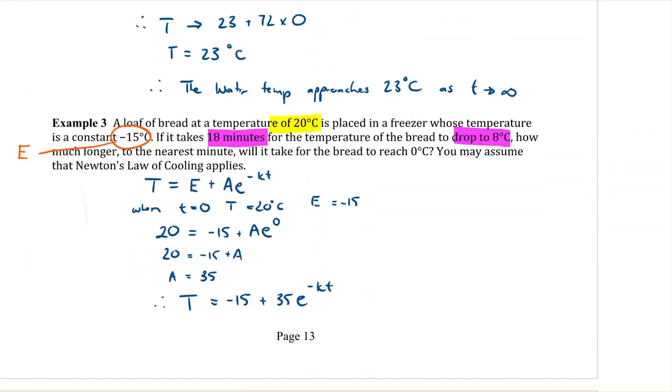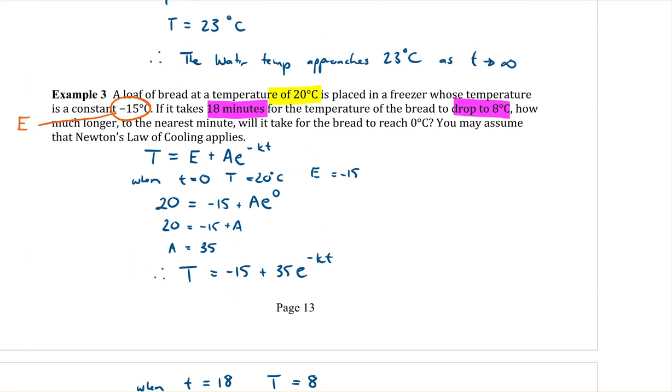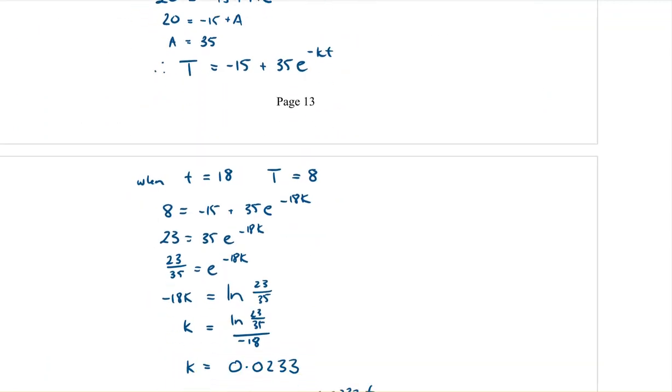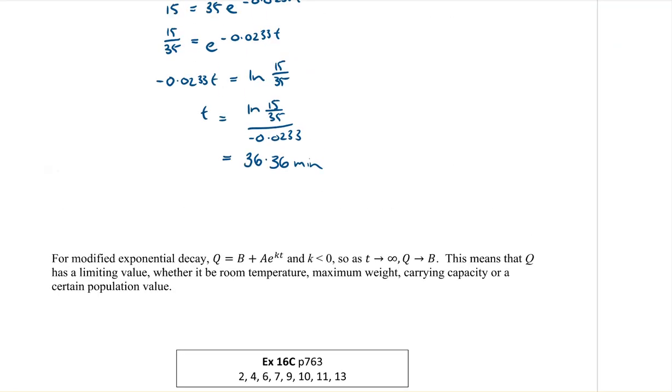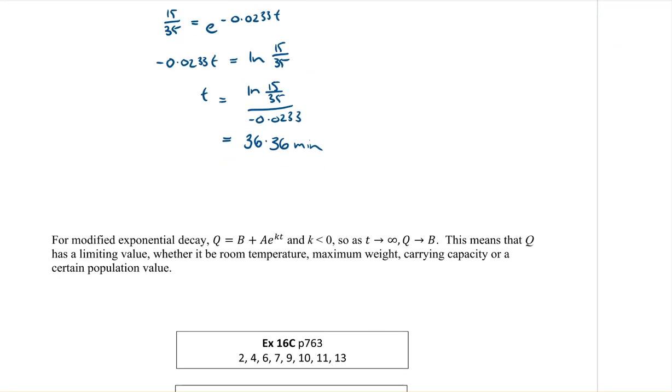Come back here to the question. It says, how much longer will it take? We've already been in the freezer for 18 minutes. How much longer does it need to be in there? Another 18, actually slightly over 18, 18.36, since it was 36.36.